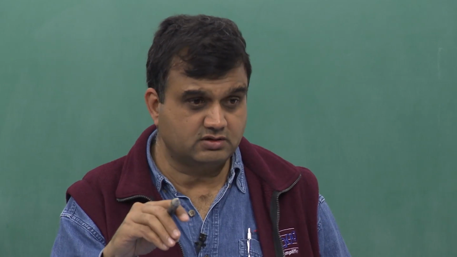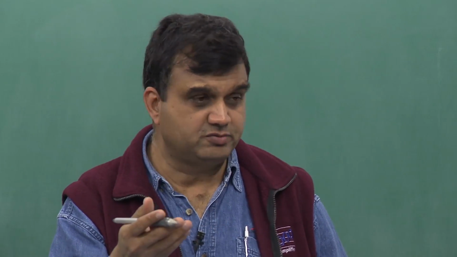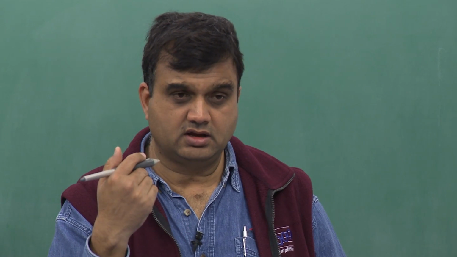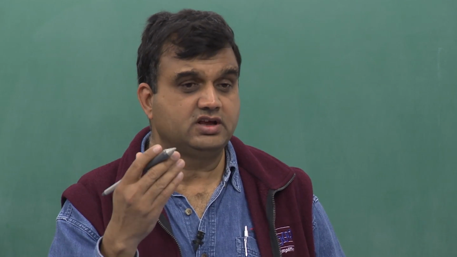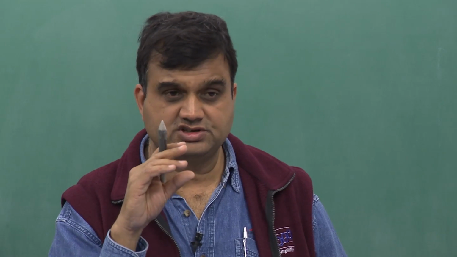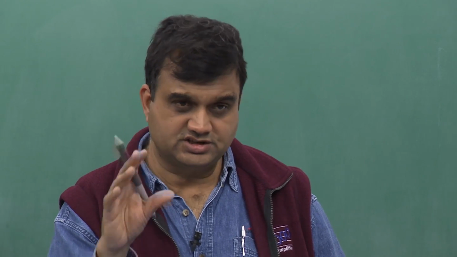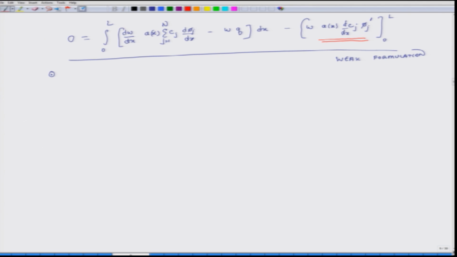If I use the weak form, then I have more flexibility in choosing the shape function, and the only thing I have to worry about is that the shape function should satisfy the essential boundary condition. The third thing is, it also helps us classify what kind of boundary conditions are involved. So, we will discuss this in detail. So, let us look at this.